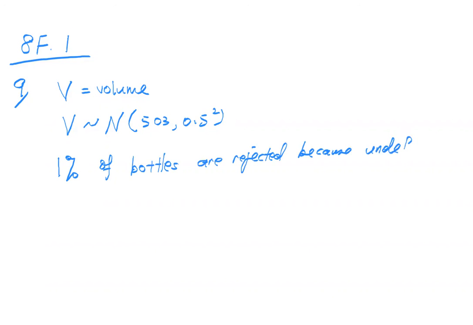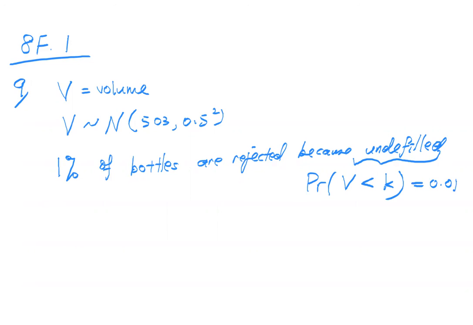The word underfilled here means the volume is less than a certain value. Understand? So the probability for this one is 0.01. That is how you read.